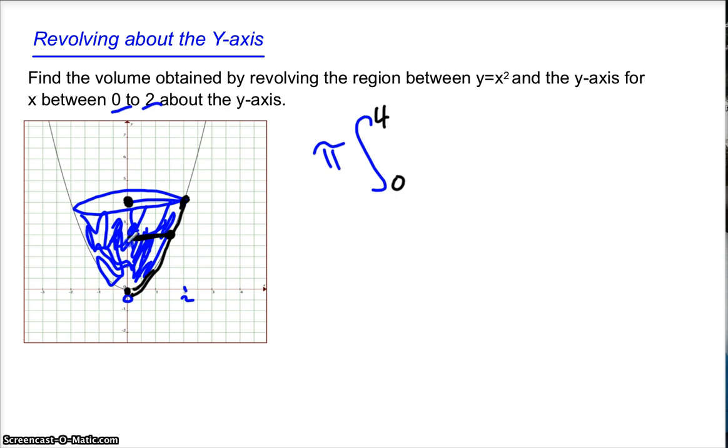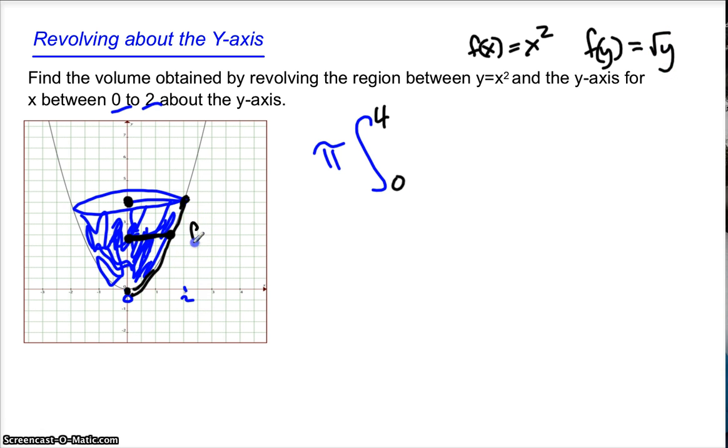Okay, so we have to rewrite the parabola, which is a function of x, right? f of x is equal to x squared. We need to rewrite that as a function of y. So the y value is going to be just the square root. The inverse of a square is the square root.